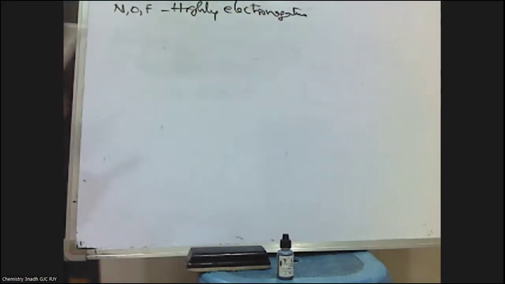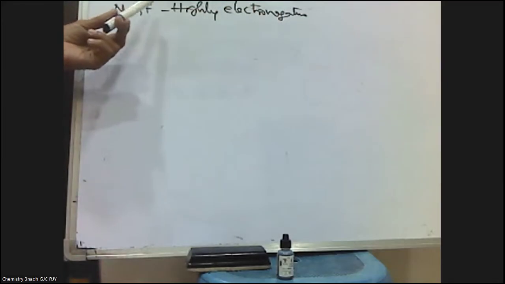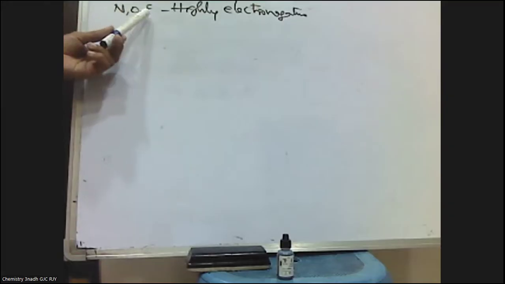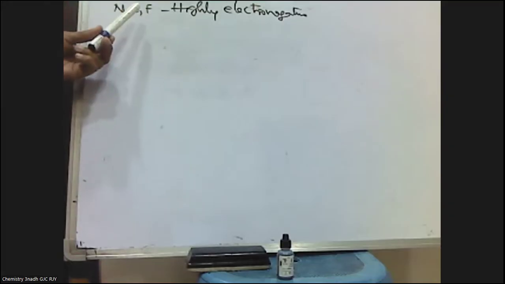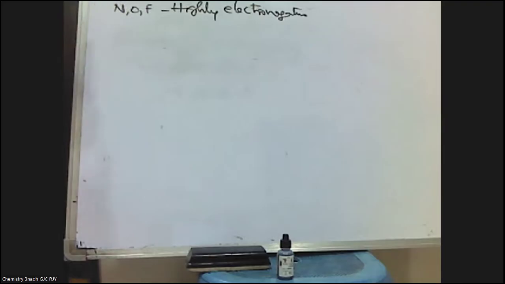Fluorine is the most electronegative element. After fluorine, oxygen is the next highest electronegative element, and nitrogen is third, and is also a highly electronegative element.